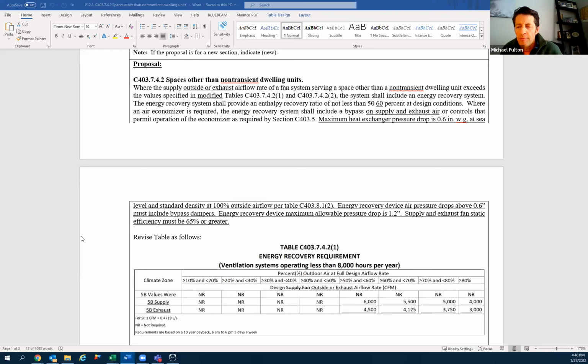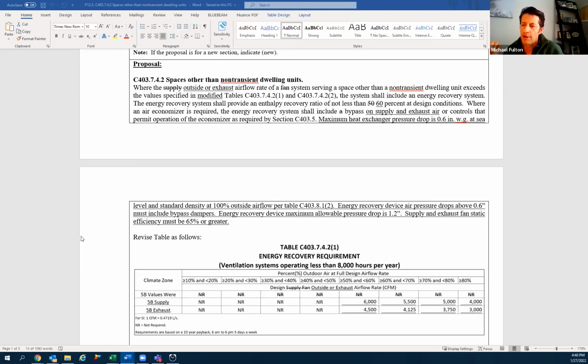Yeah, so I'm not familiar. Is there a new fan efficiency? Because I haven't seen that change. I read that code, and I think it's the same as it's been for like 10 years. And the problem that we see is that basically it gives you a TSP to work with. So if you have real low pressure drops on your exhaust, you can have really inefficient fans and meet the BHP per 1,000 CFM.